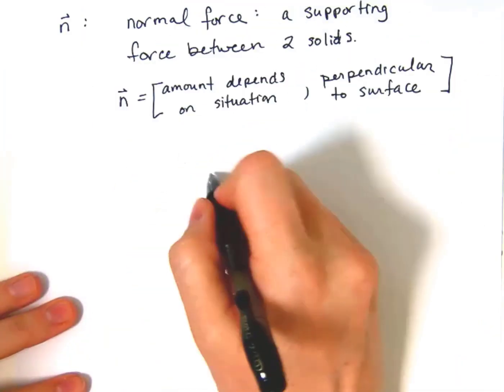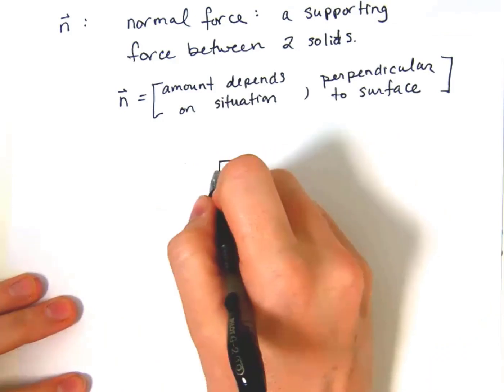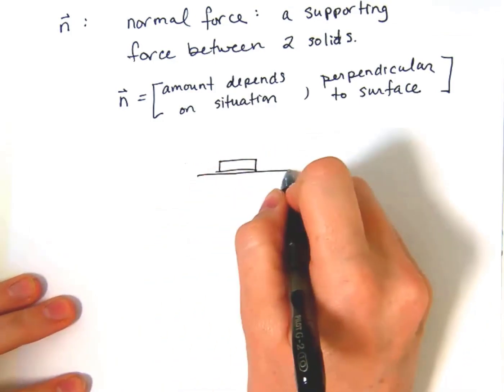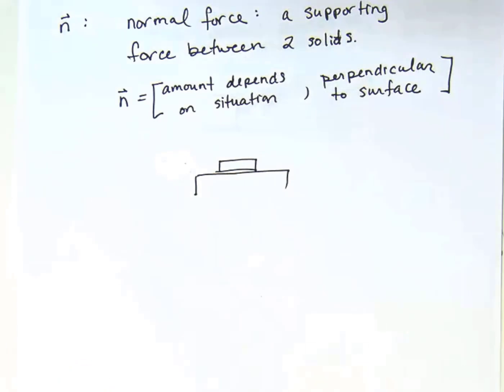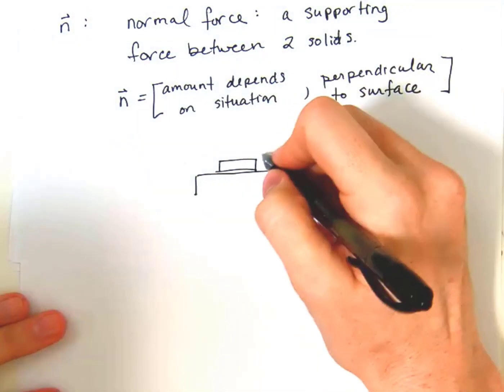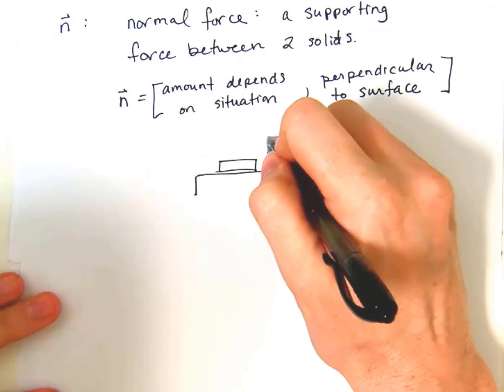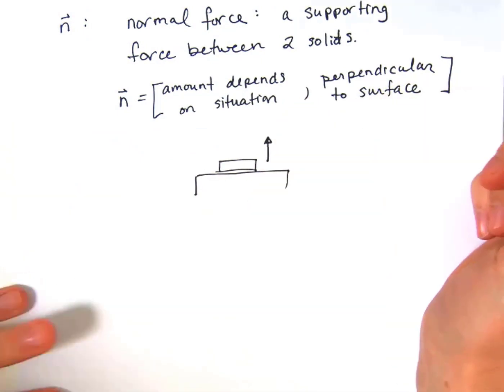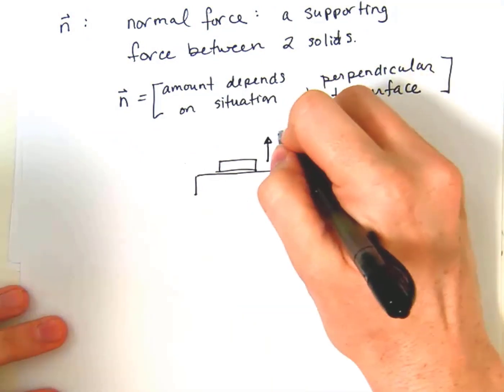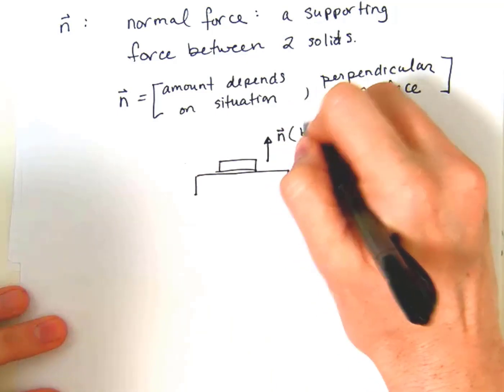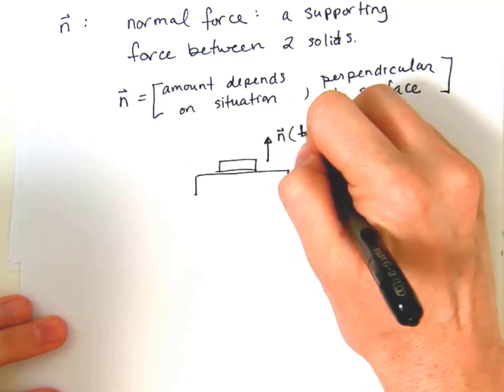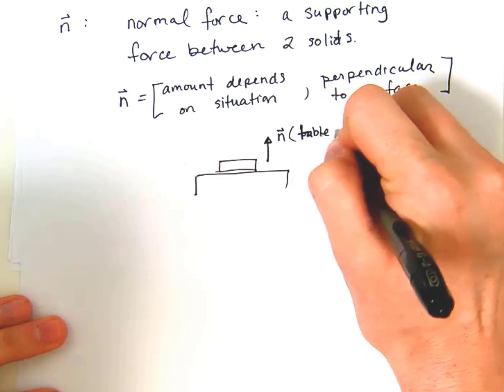So if I had a book sitting on a table, they press against each other. So we could say that the book would feel an upwards normal force from the table. Let's say table acting on book.